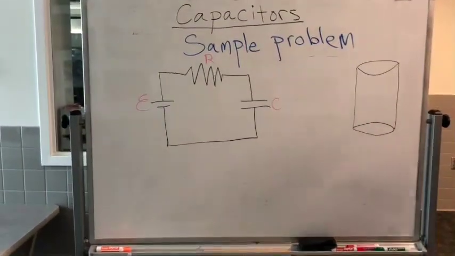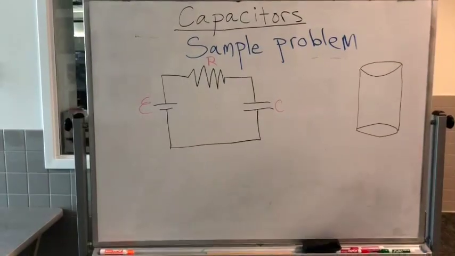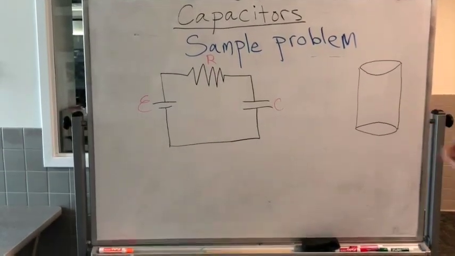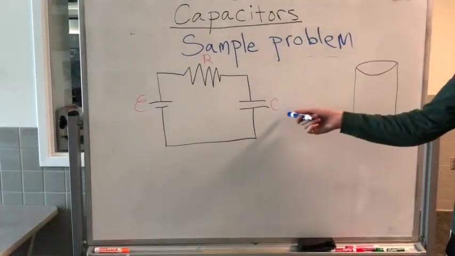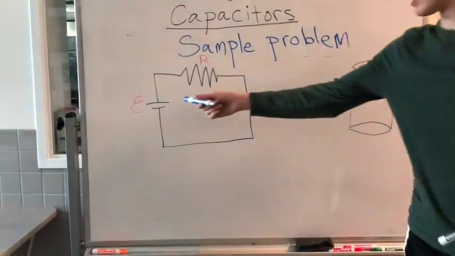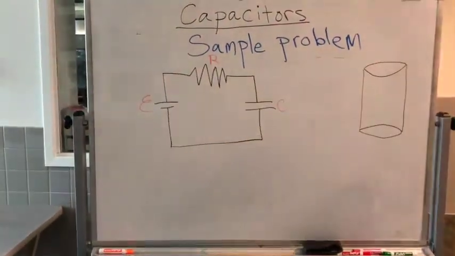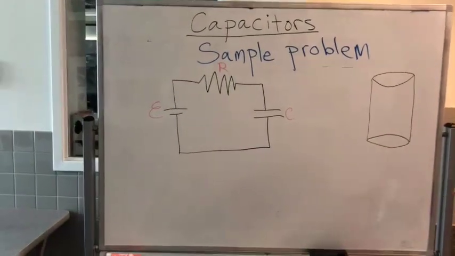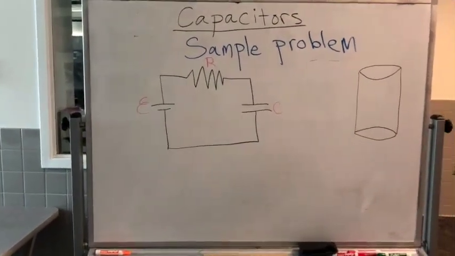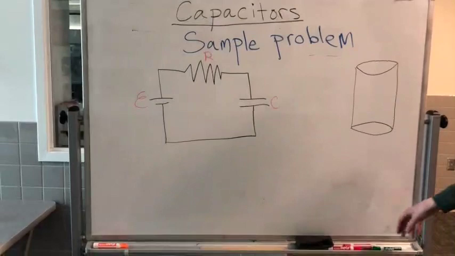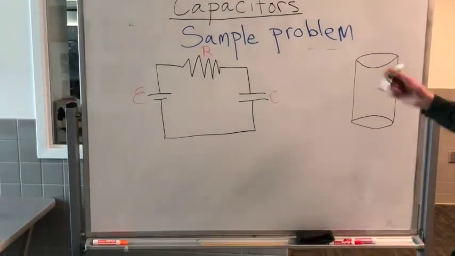We know, due to Kirchhoff's loop rule, that the maximum voltage that the capacitor can have is going to be the same as the EMF of the battery, because the voltage differences have to sum to 0 in a circuit. So we can label this.